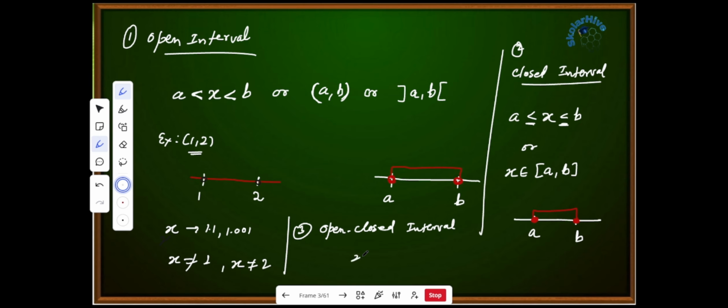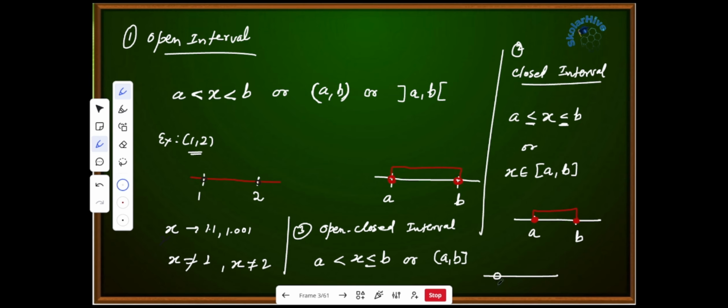It means all values of x which are less than or equal to b but greater than a. This we can denote as (a, b], closed at the end of b. If we try to understand it on a number line, it should be like this.